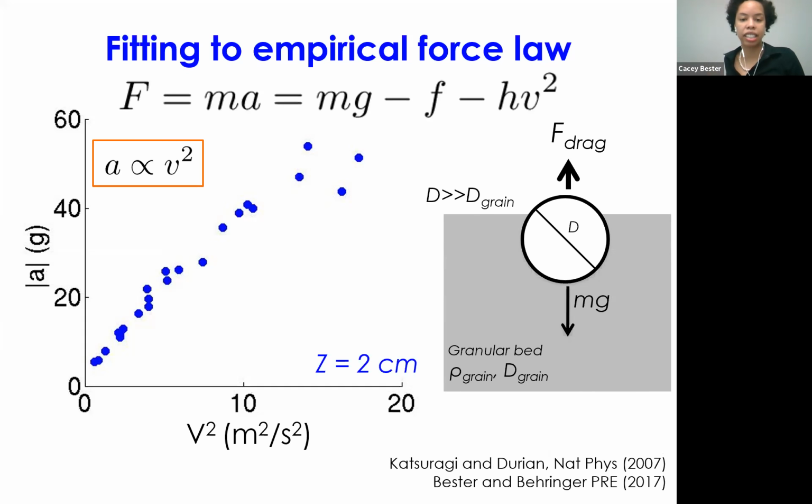So in essence, these experimental results led to us finding a form of our drag law that I show here at the top of the slide. The sum of our forces are, of course, gravity, and then two force terms, our fluid-like force term that is proportional to velocity squared, and a static force term that becomes important as the object comes to rest.